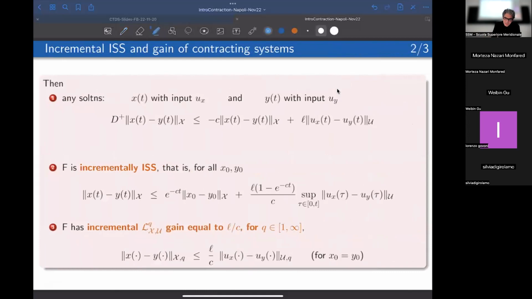If you take any two trajectories, for example, the trajectory x starting from initial condition x0 and the trajectory y starting from initial condition y0, where x is subject to an input u_x and y is subject to an input u_y, then you have this wonderful differential inequality.